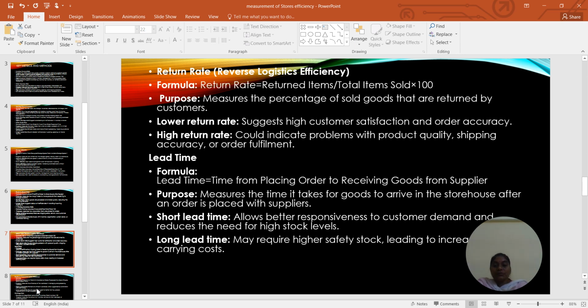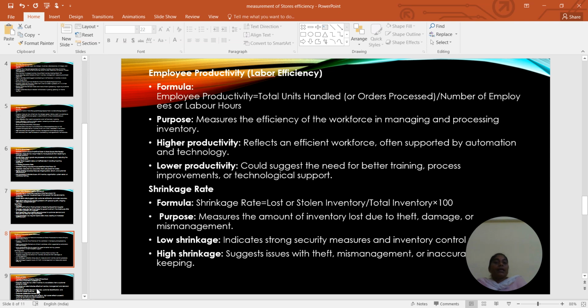And next, we move to employee productivity or labor efficiency. Employee productivity measures the efficiency of the workforce in managing and processing inventories. Higher productivity always reflects an efficient workforce, often supported by automation and technologies.